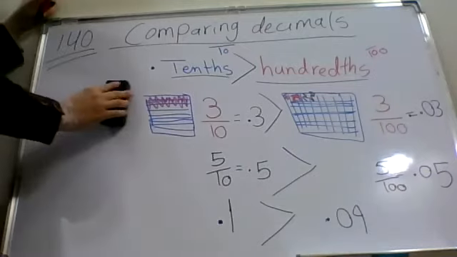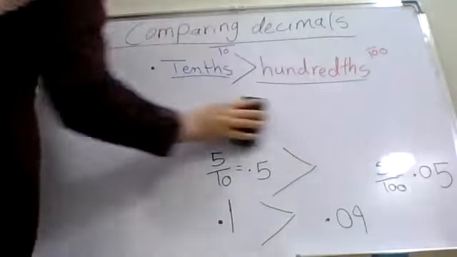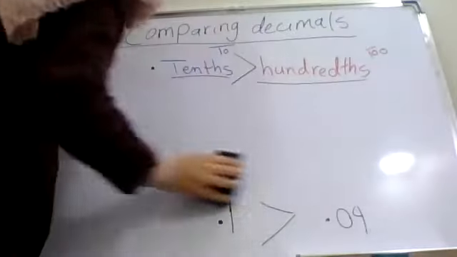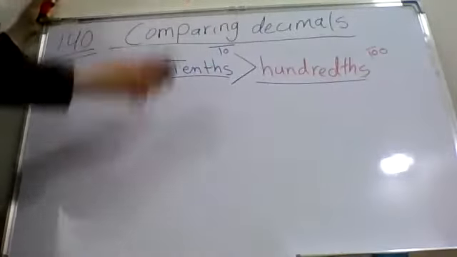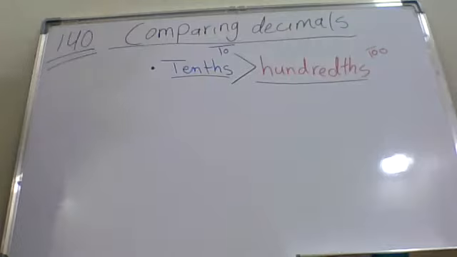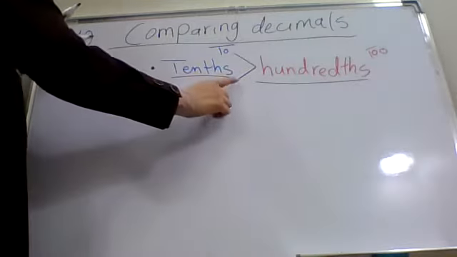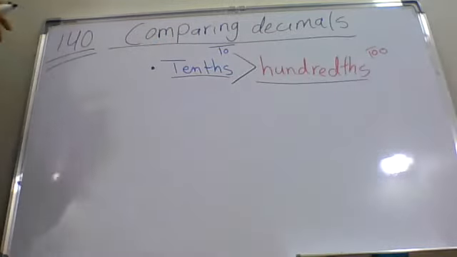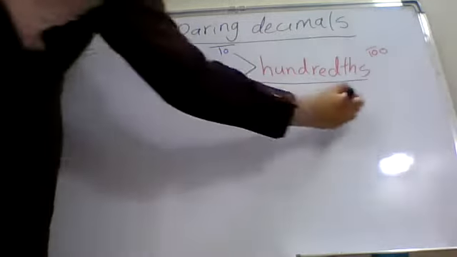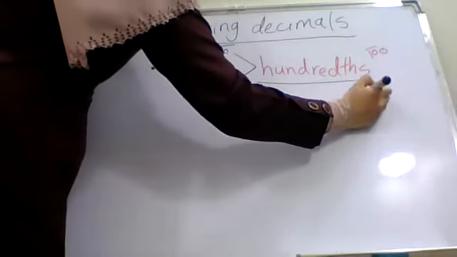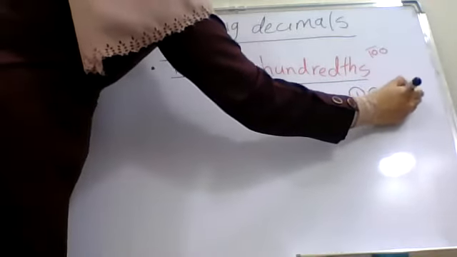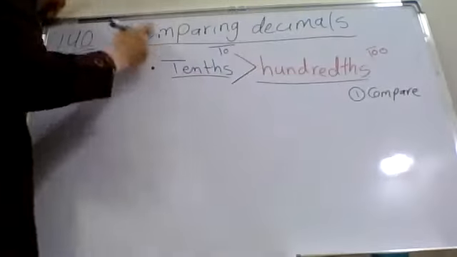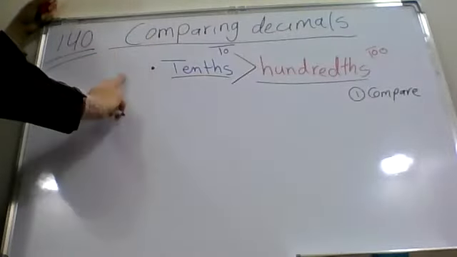Now, fourth grade, I need to write some exercises. When we compare any 2 decimal numbers, we have to follow some steps. The first thing to keep in mind is that the 10th place is bigger than the 100th place. The first step is to compare the numbers before the decimal point.